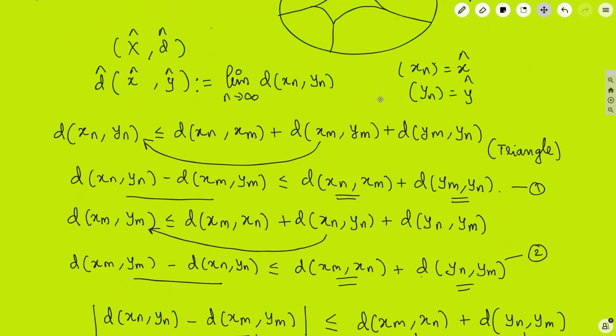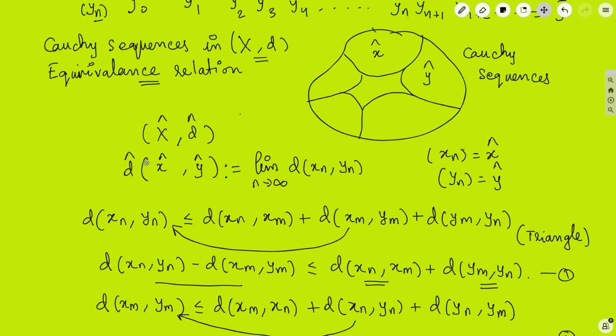Now the question is, is this properly defined, right? If I pick two other sequences, let's say xn prime, yn prime, from the same equivalence classes x hat, y hat, and I calculate the distance and the limit, am I going to get a different number?